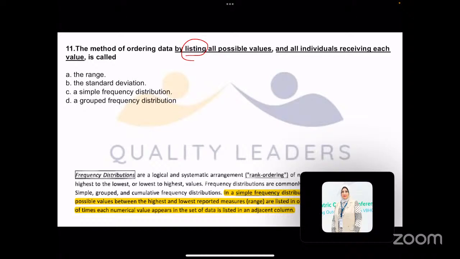For example, with grades, I list how many students got excellent, how many got good, how many got very good. So what do we call this? This is a simple frequency distribution because there was no mention of a wide range of values. If we had a wide range, we would use a grouped frequency distribution. Since it was not mentioned, it is a simple frequency distribution.